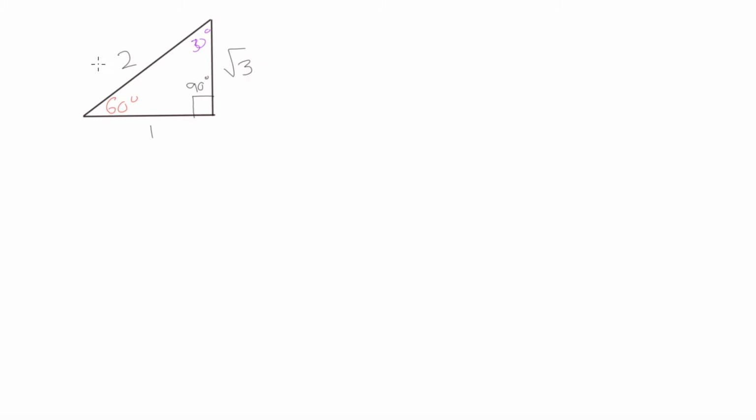And if you can't remember that the hypotenuse is 2, again, you can just solve that by using the Pythagorean Theorem. So we know that a squared plus b squared has to be equal to h squared, where a and b are our two sides, and h is our hypotenuse. So we have root 3 squared plus 1 squared is equal to h squared.